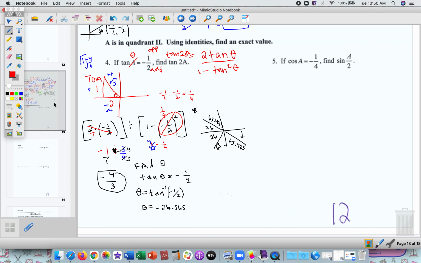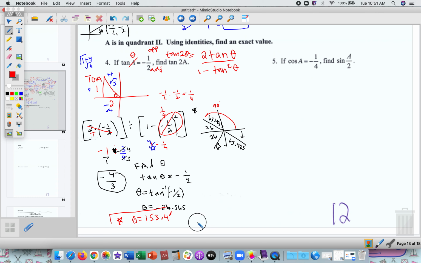So if we're trying to find that angle in the second quadrant, we would say 90 plus 63.435. So we're going to say theta for this problem in quadrant 2 is going to be 153.4. Okay.